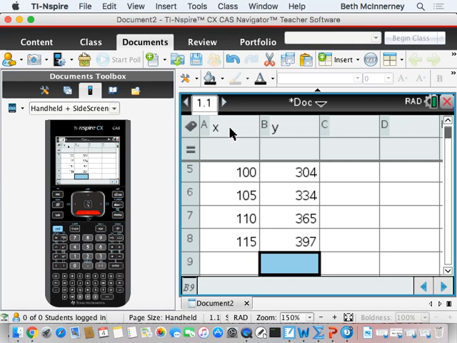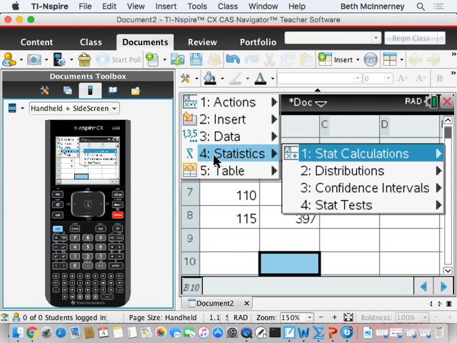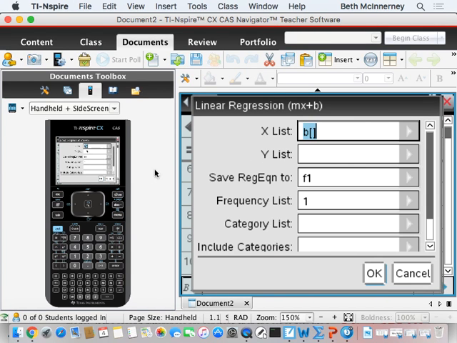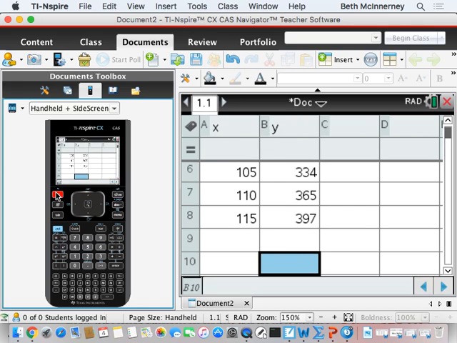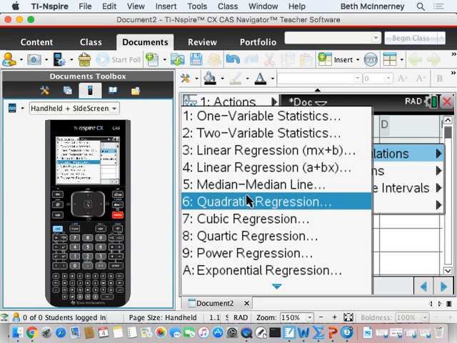Okay, now you go to an empty cell. Okay, go to an empty cell below. And what you're going to do is you are going to press Menu. Number 4 is statistics. Number 1 is stat calculations. Oops, I keep doing that. Let me try it again. And then this was quadratic, right?